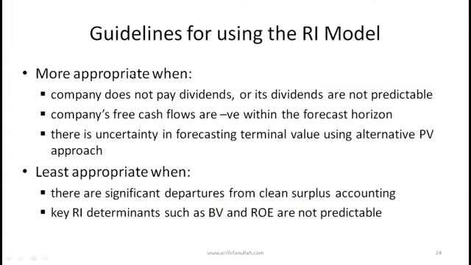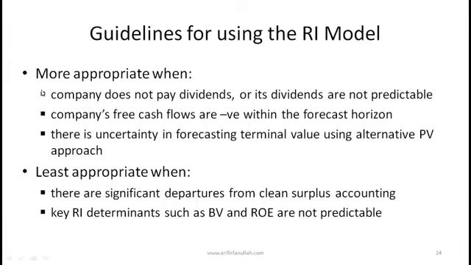So what are the guidelines for when to use the residual income model? It is appropriate when a company does not pay dividends, or the dividends are not predictable, the company's cash flows are negative within the forecast horizon, or there is uncertainty in forecasting terminal value using the various other cash flow or present value methods.